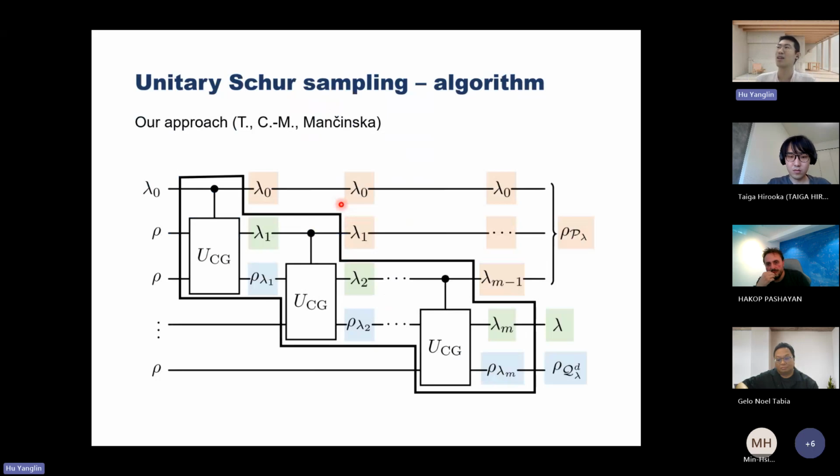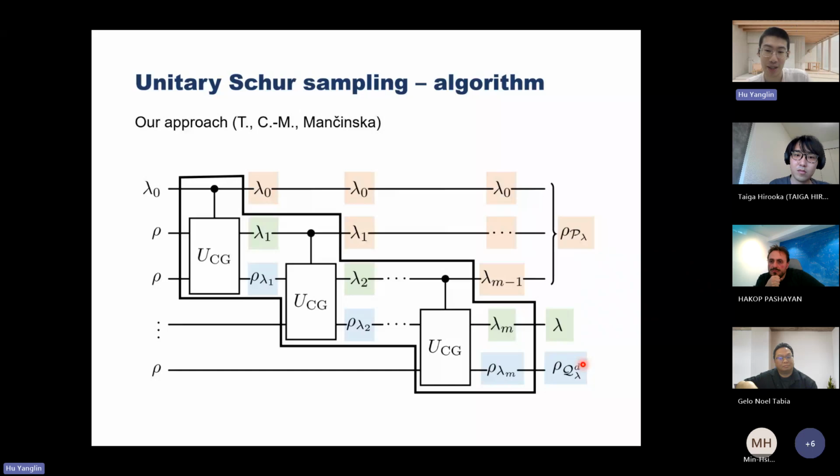Right. So once you get the state on the Q lambda d subspace, the next step is you don't do full tomography on the state of this subspace, because you already know it satisfies some property, which means it is an element from the general linear group.